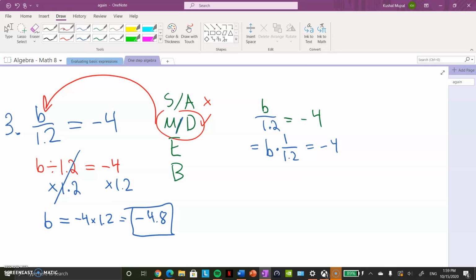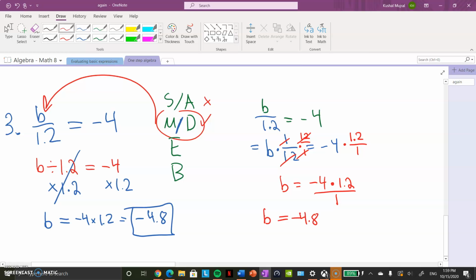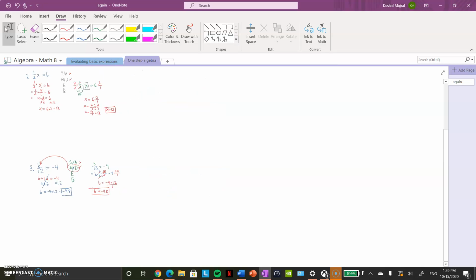So now, to get rid of this 1 over 1.2, I can multiply by the reciprocal, 1.2 over 1. And multiply this by the reciprocal, because what we do to one side, we have to do to the other. So this cancels. b equals negative 4 times 1.2 over 1, which is b equals negative 4.8. Okay? That's one-step algebra.